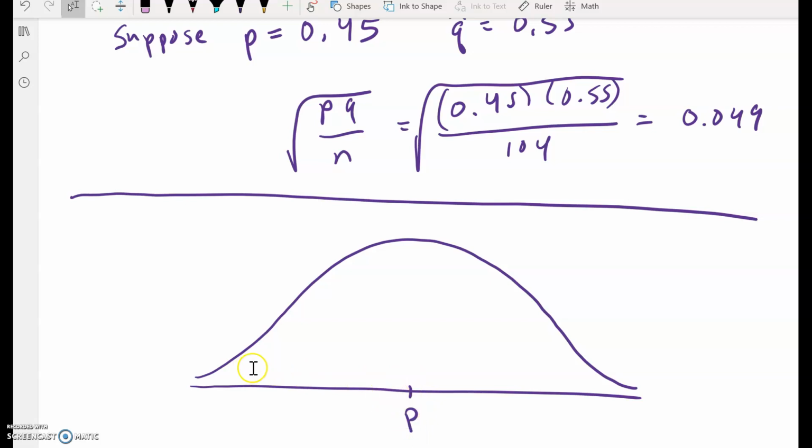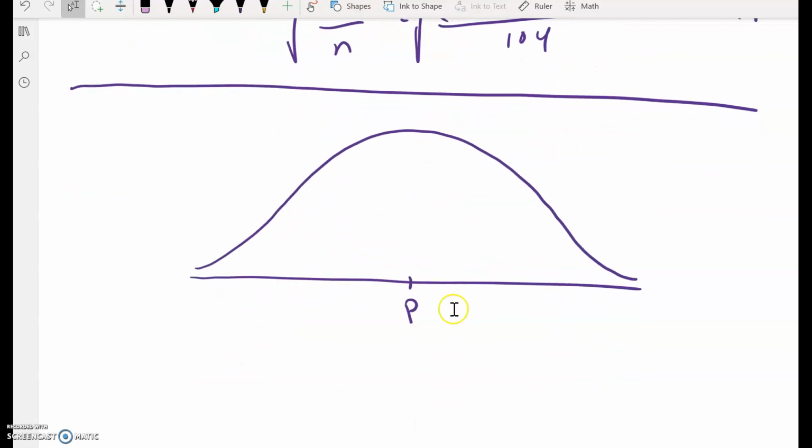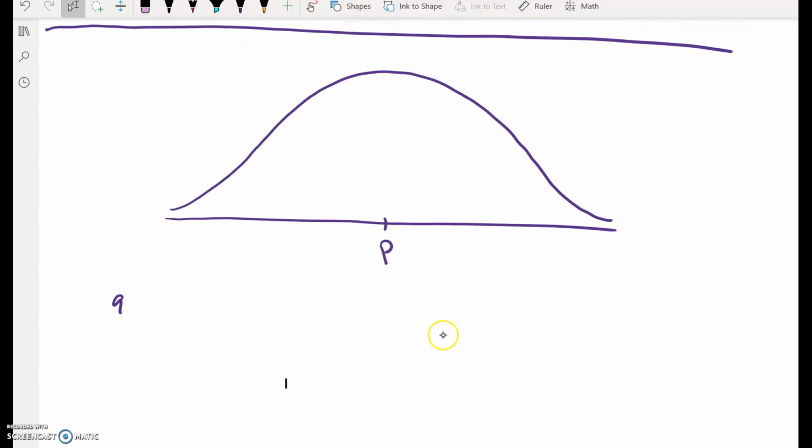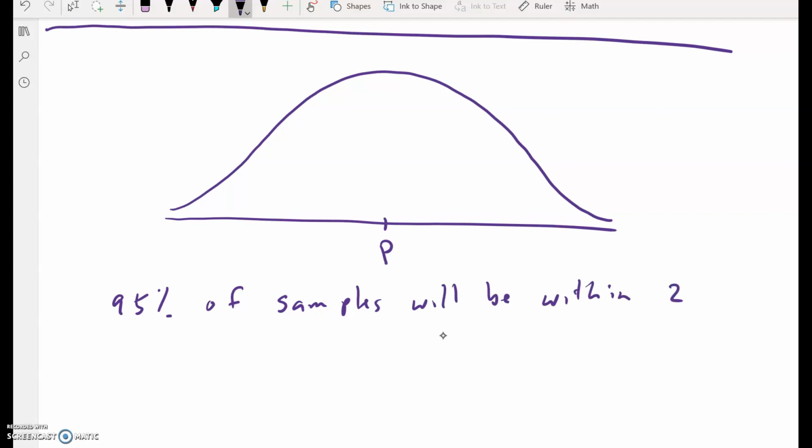So we can't actually sketch the actual sampling distribution here, but based on our knowledge of the normal curve, we can say this. We can say that 95% of samples will be within 2 standard deviations. But now I'm going to use the word standard errors instead, because the standard error will, in almost all cases, be very, very close to the standard deviation anyway.